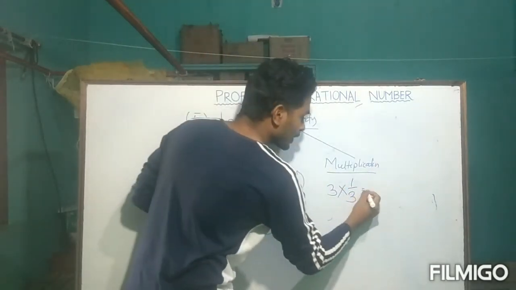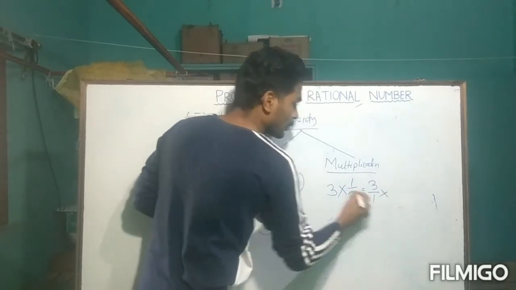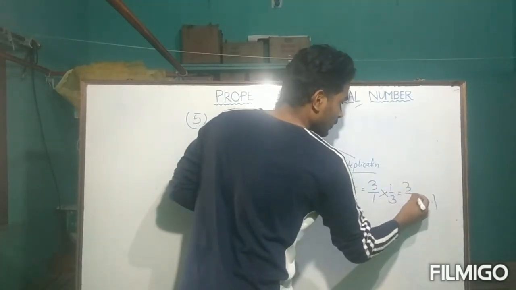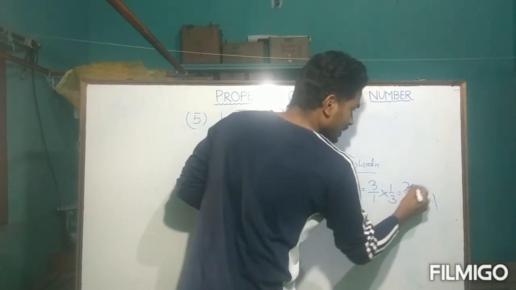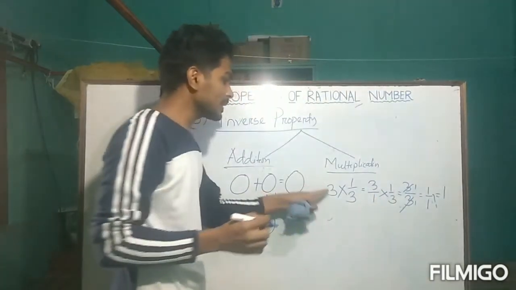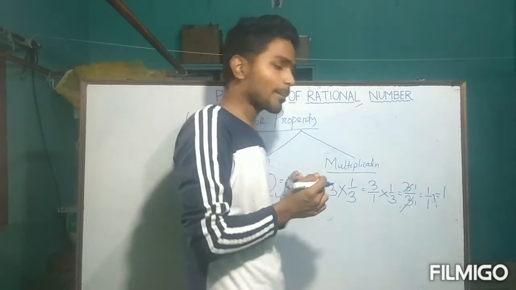Why? Because 3 can be written as 3 by 1 into 1 by 3. 3 into 1 is 3, 1 3 is 3, 3 cancel out, it will be 1 by 1 is equal to 1. So 3 रे केते मल्टीप्लाई करे हमें 1 पाउचे 1 by 3 मल्टीप्लाई करले हमें 1 पाउचे.